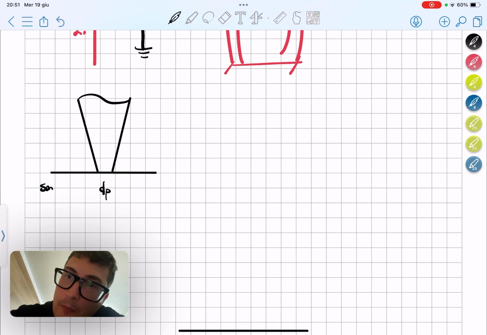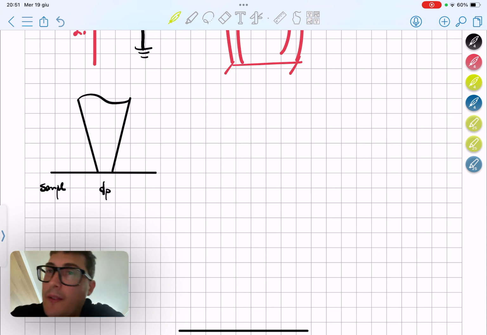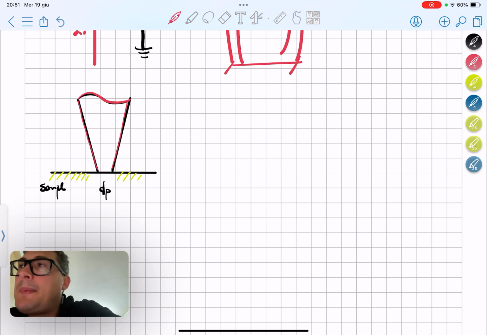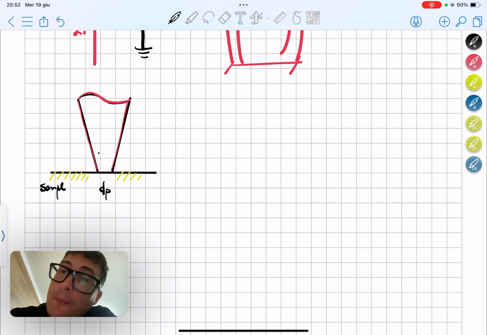This is the sample, down here, and this is the beam, the electron beam. dP is the spot size, the diameter of the beam of electrons, and it's a very important parameter. We want it to be the smallest possible to increase the resolution of the image.